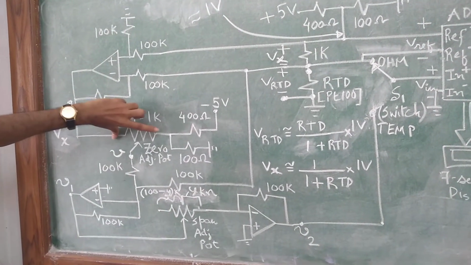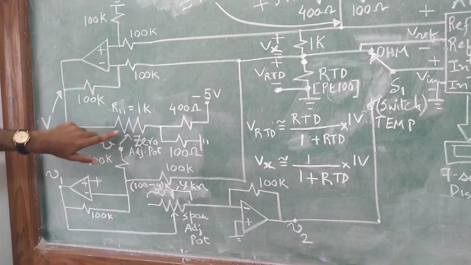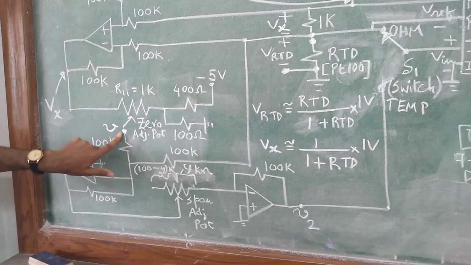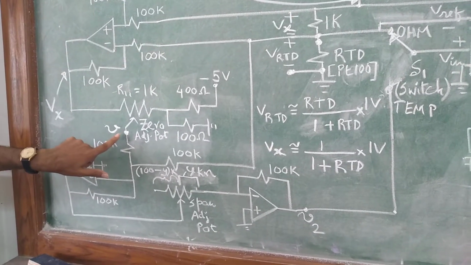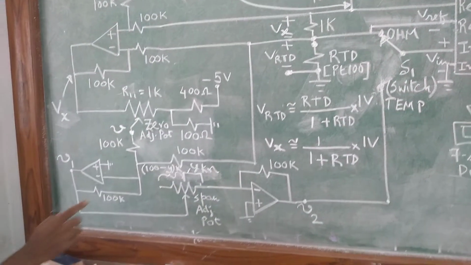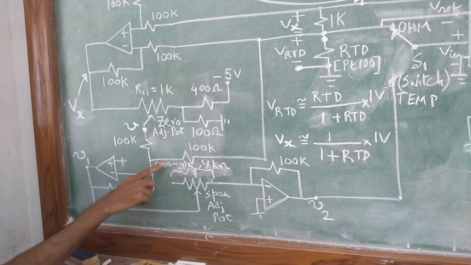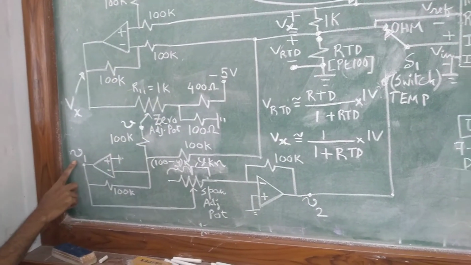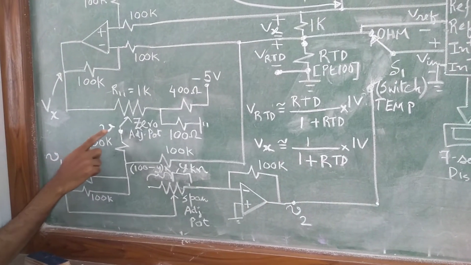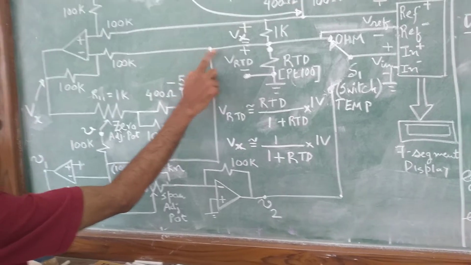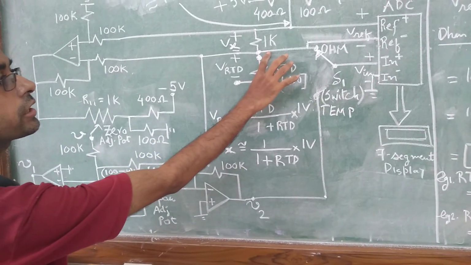Come over to the zero adjustment pot, and as we said before, you can think of this particular point as having a node voltage of V volts. These resistances are the same. This is an inverting adder circuit, so V1 will be equal to minus of V minus the voltage at this node, which is the same as VRTD.